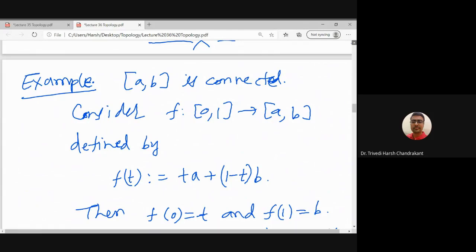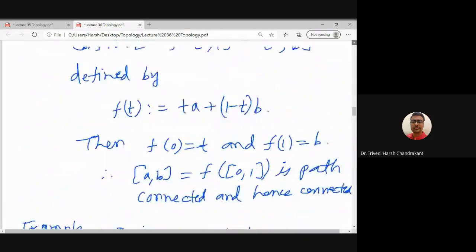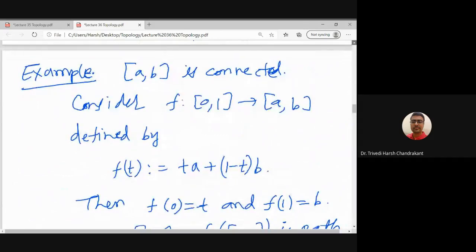Either you use that f is continuous and the continuous image of a connected space is connected, or you use the argument of path connectedness to show that the closed interval AB is also connected. So this is the standard path which gives the image of closed interval 0, 1 as closed interval AB. So what we proved here is that every closed interval is a connected subspace of the real line.